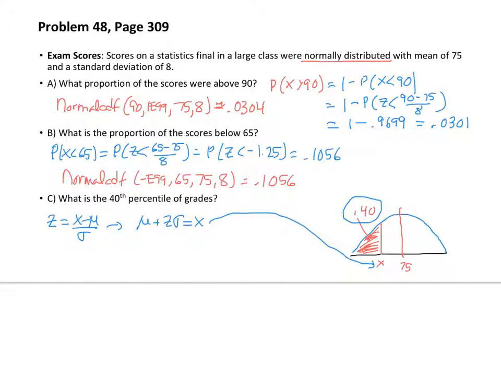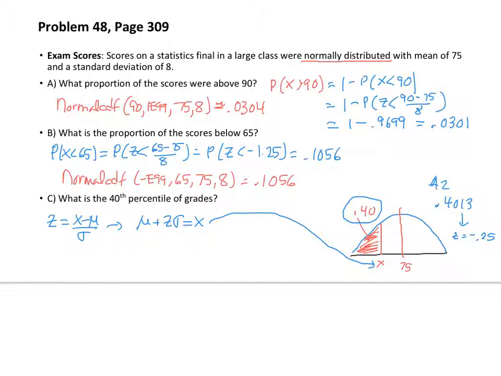So our first method is to find a z value. The closest we can find under A2 turns out to be 0.4013. And the z value that's related to that is z equal to a negative 0.25. So we're going to use that information to find x.